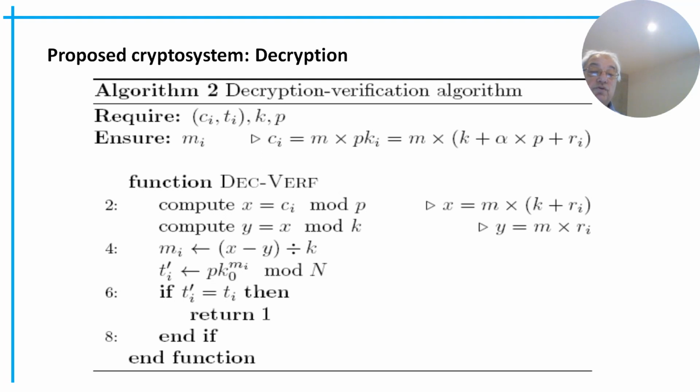This is the proposed crypto system description. It requires Ci, Ti, K, and P, ensures Mi, and goes through all this process that I mentioned before, where we try to see if Ti estimated is the same as Ti, then we return.